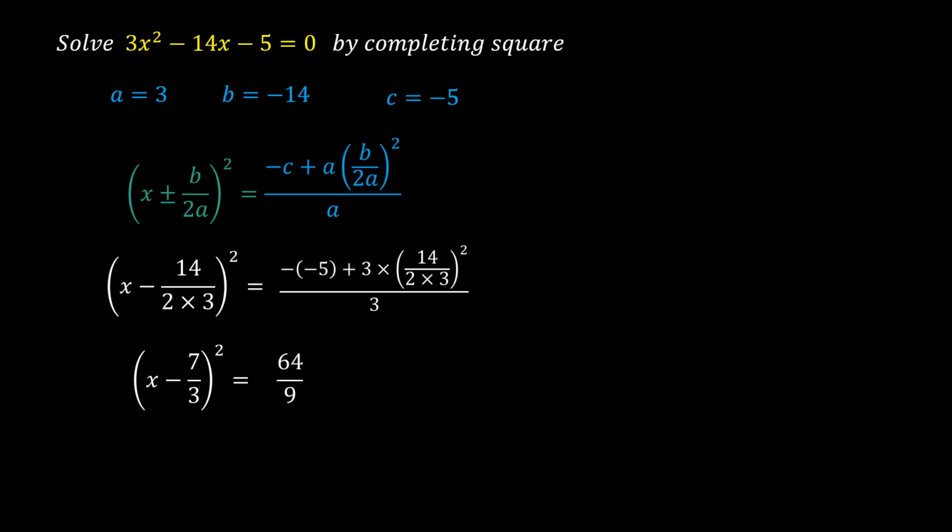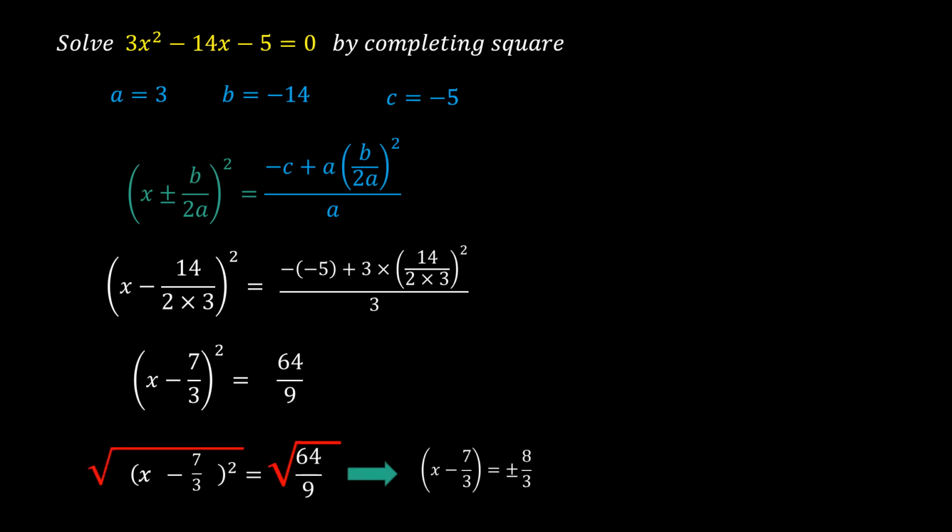Then I follow the same steps as in the first example: take the square root of both sides, give the answer with the plus minus, move 7 over 3 to the other side, and show the answer for x. This is the other way to solve any quadratic equation directly by completing the square without doing all the steps. I can use this formula directly.